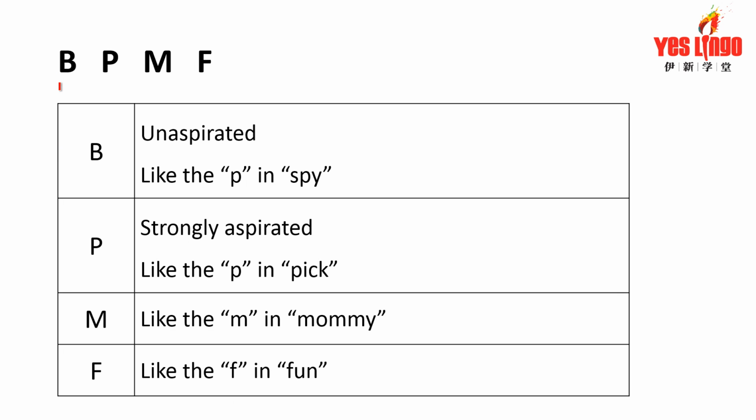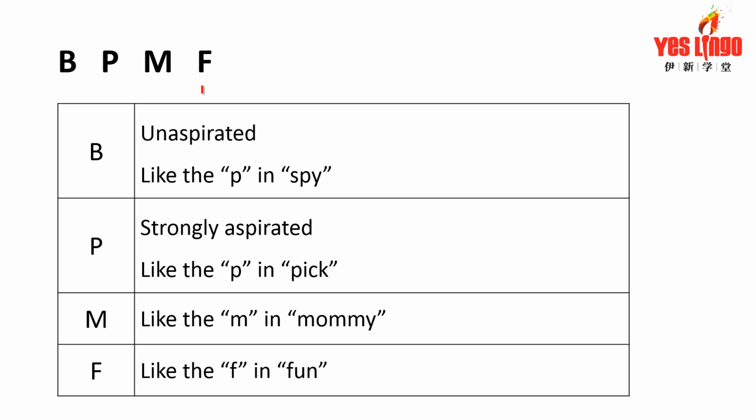You can see that the letters that make up the first group of initials are B, P, M, and F. Now, they actually don't sound like this in Chinese. These initials are called the labial initials because they use both your top and bottom lip to pronounce them. Obviously, you recognize these letters, and they actually do have very similar pronunciations as in English.